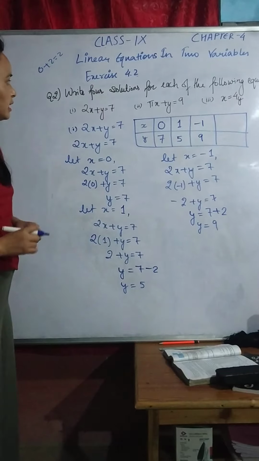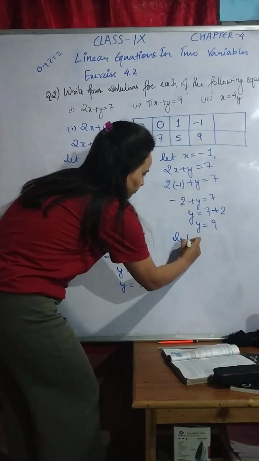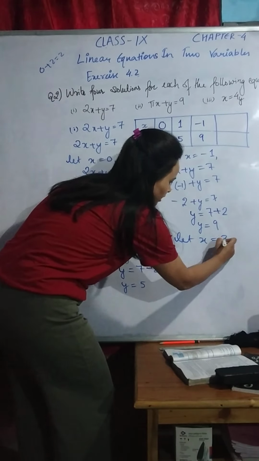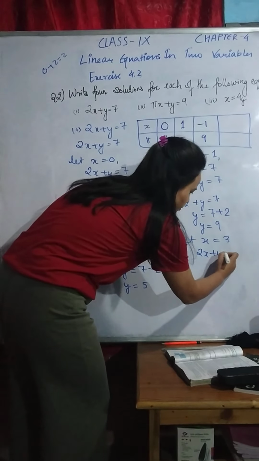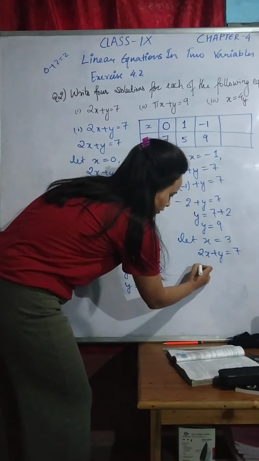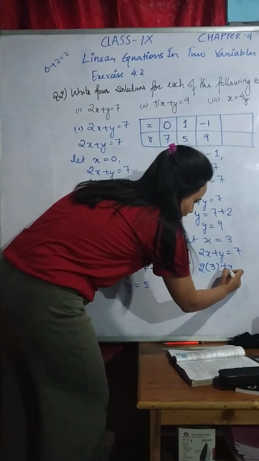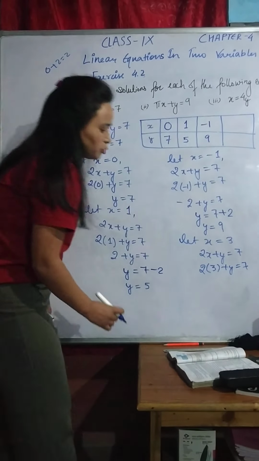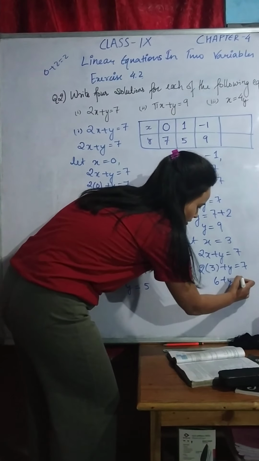Okay, now we need one more solution. Let us assume x to be 3. Now your linear equation is 2x plus y is equal to 7. Write 2 as it is. In place of x, replace with 3, plus y is equal to 7. Now 2 times 3 is obviously 6, plus y is equal to 7.